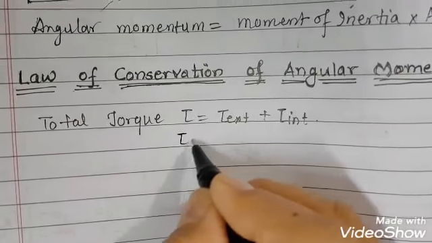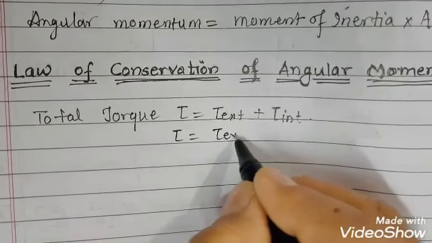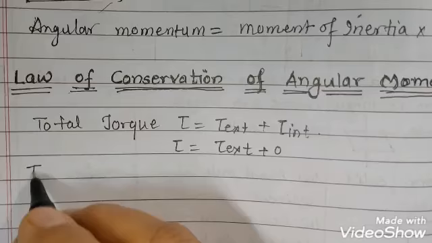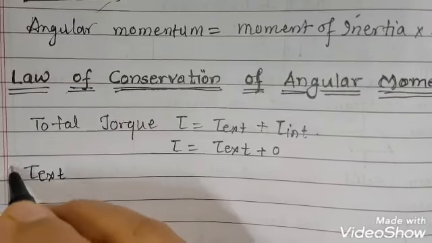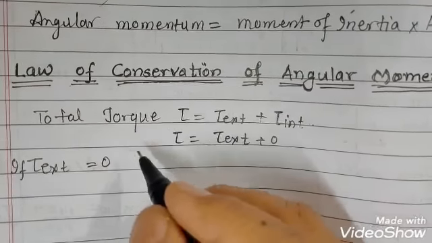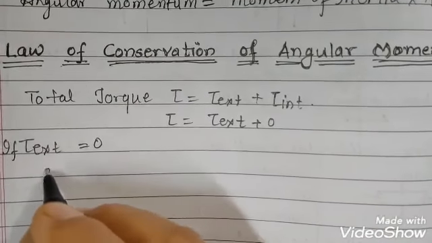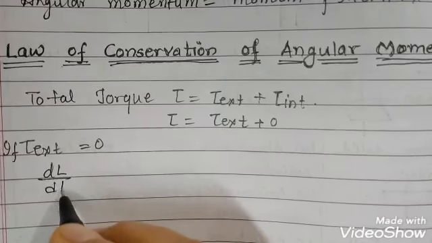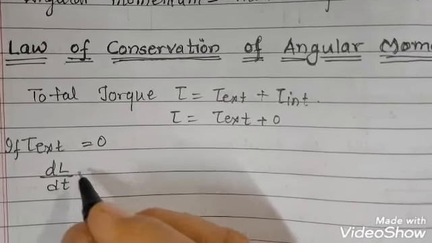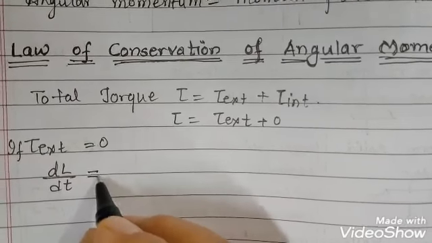In such a situation, if tau external is 0, we know that dL upon dt, that means the derivative of angular momentum with respect to time, gives us tau.